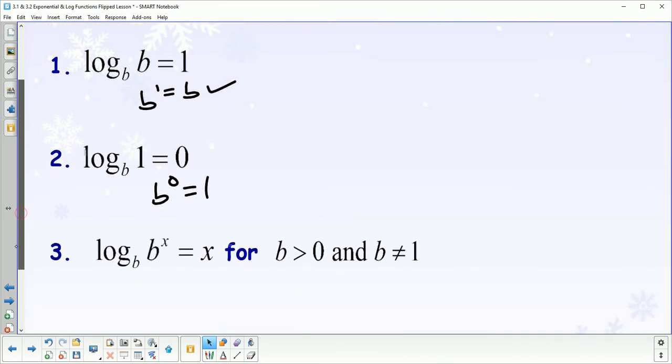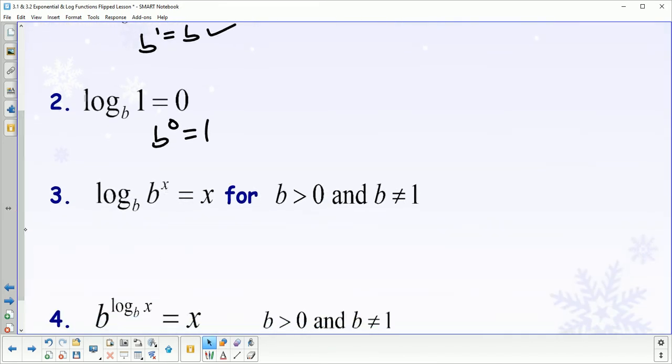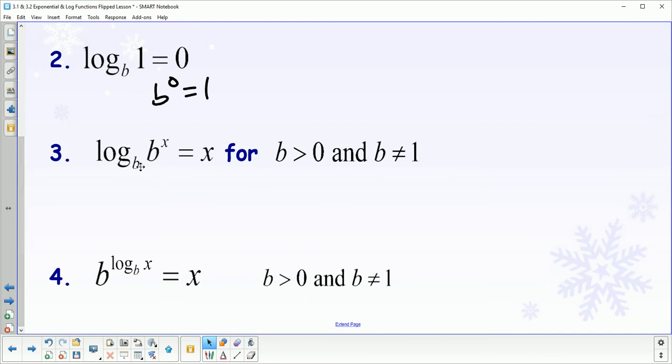Okay, and then we've got two more. Anytime the base and the exponent's base are the same, if we can rewrite that exponent, that would just say log base b of b to the x equals x, as long as b is greater than 0, meaning it's not negative, and b does not equal 1.